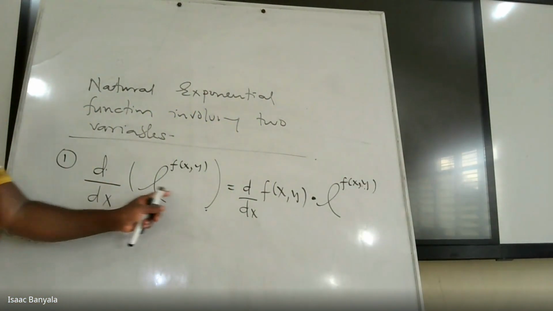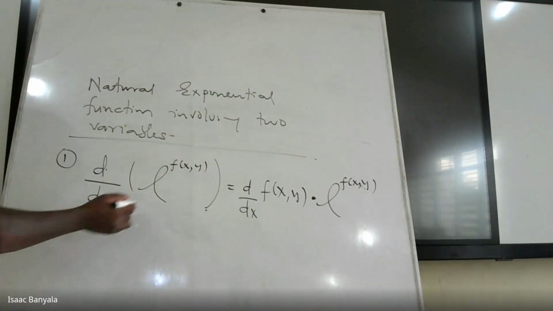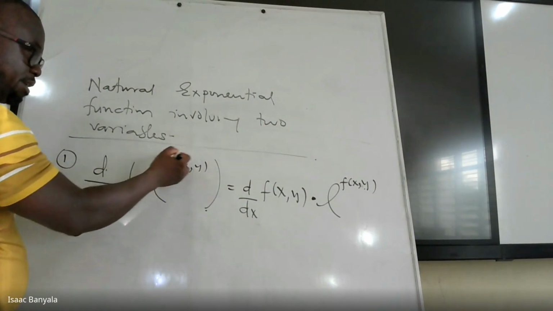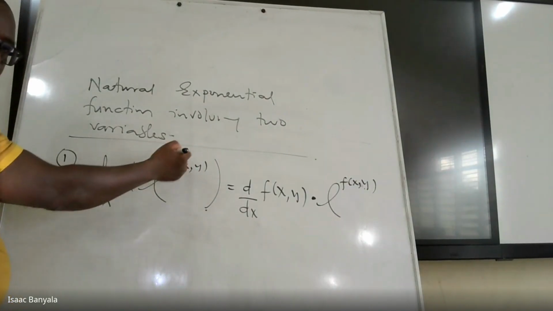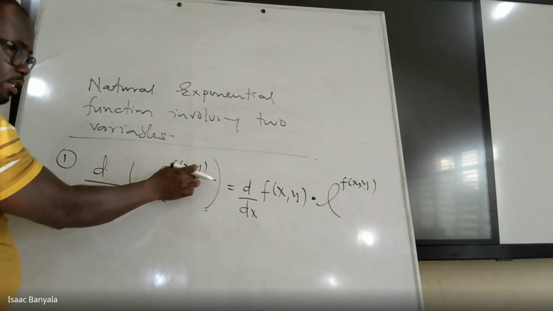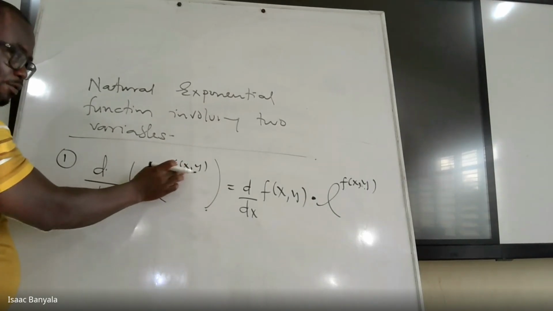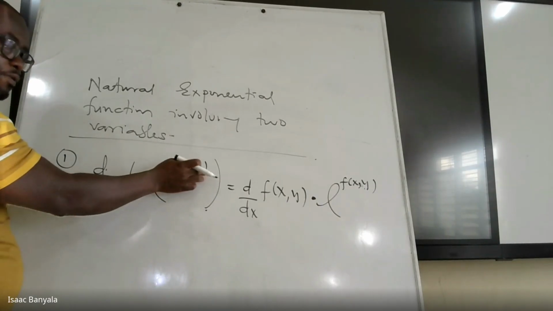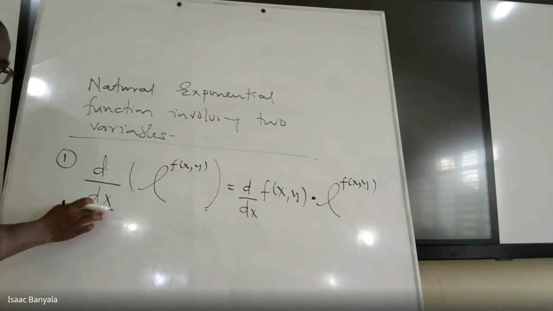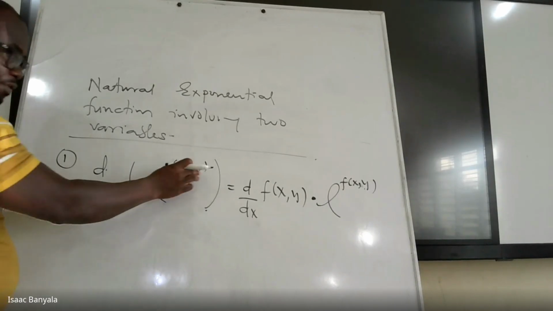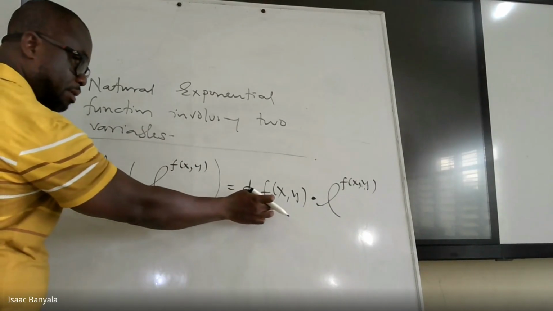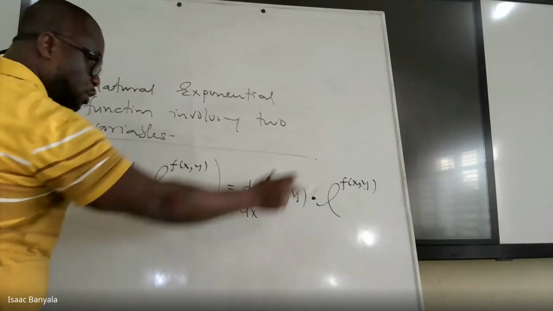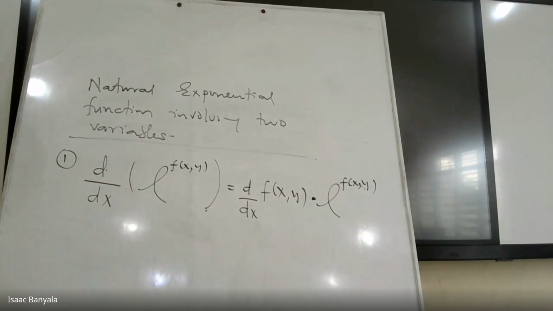So whenever you are given this, you differentiate the function here. You know that the function involves two variables, so you have to apply the laws for differentiating two variables. Whenever it's with respect to x, you differentiate it, bring it down, then multiply by the exponential function.